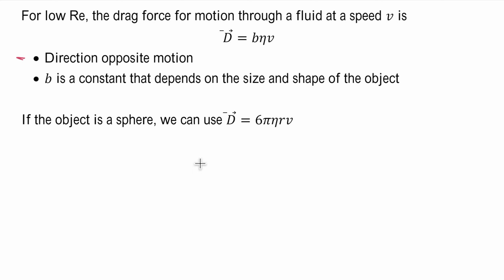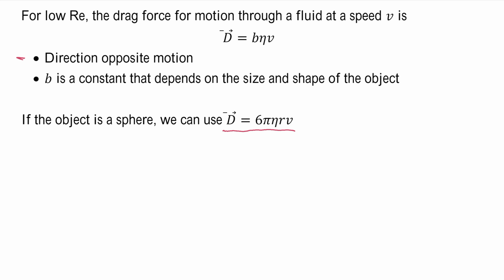If the object is a sphere, we simplify to this formula, and B becomes 6 times the radius times pi, which is just how the formula is.